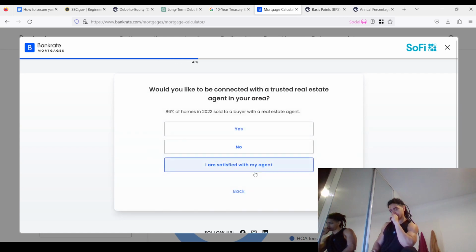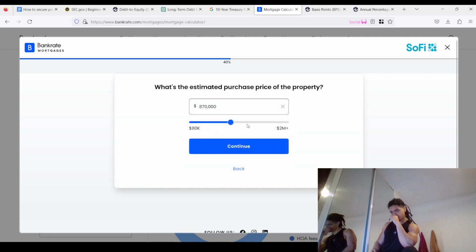Researching options. Would you like to be connected with a trusted real estate agent in your area? I'm satisfied with my agent. What is the estimated purchase price of the property? Holy hell. Something like this.